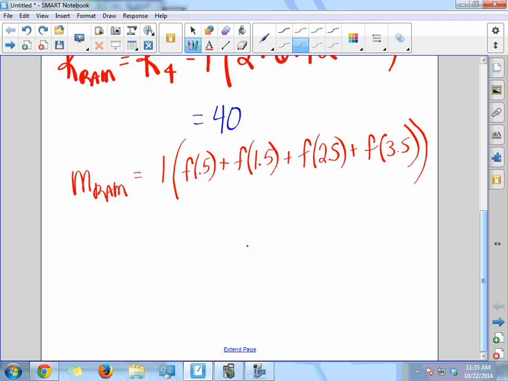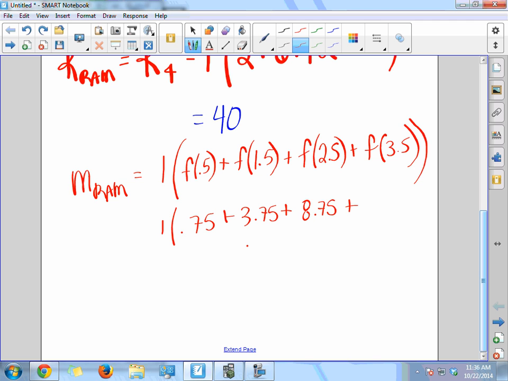If I go through and find these values, if you have a calculator, a pretty easy way to do this is just to set up a table. So my function evaluated at 0.5 is going to be 0.75. Sorry about that, I'm trying to use my calculator. My function evaluated at 1.5 is going to be 3.75. My function evaluated at 2.5 is going to be 8.75.